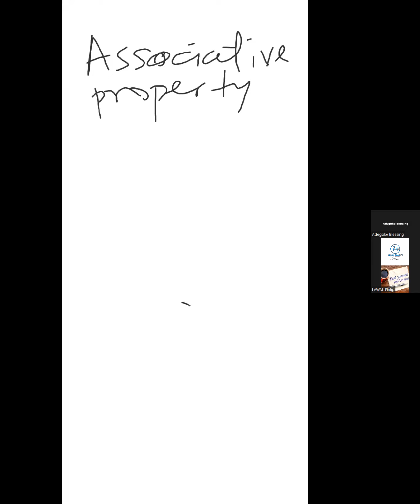Associative property, from the word association, associative property. The property says that when you have a binary operation star and then you have this condition met for any variables A, B, and C, let's say we have this.